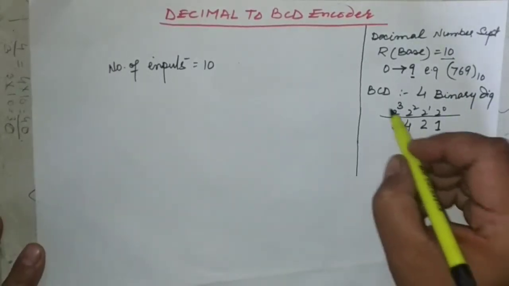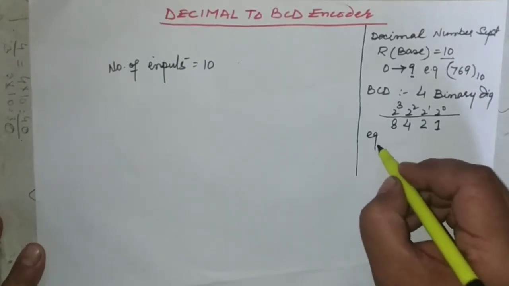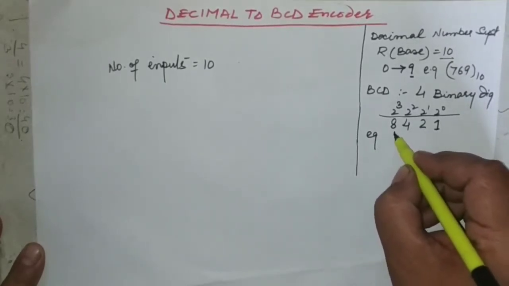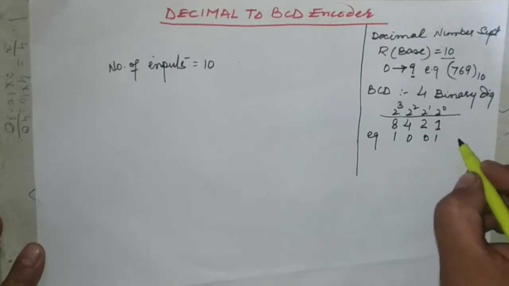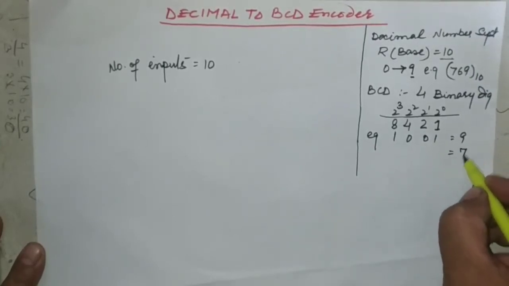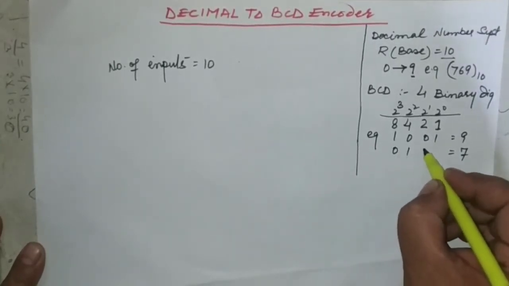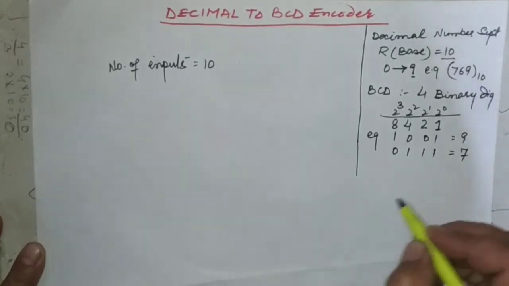represent a BCD number. For example, if I need to write 9, 1, 0, 0, 1, this is 9. Same way, if 7, then 0, 1, 1 and 1.